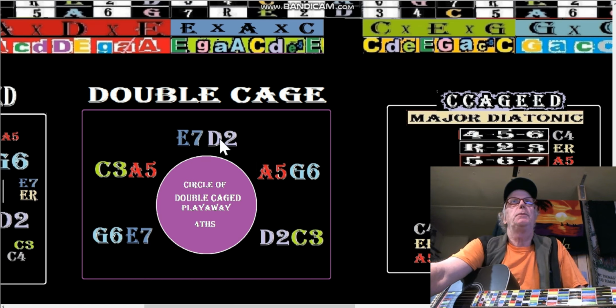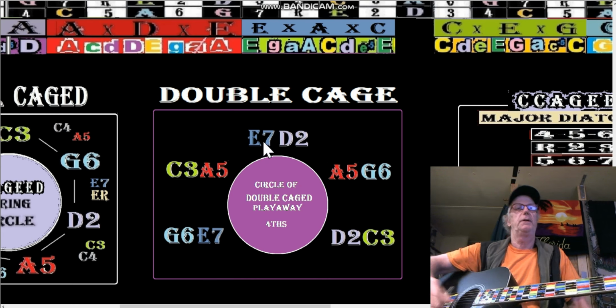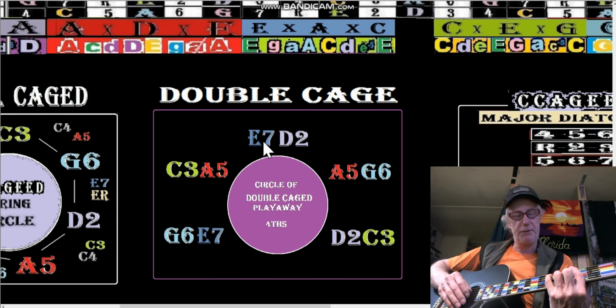E7 to D2, but then the fourth of E is A. So these are in fourths right here. And then the fourth of A is D, the fourth of D is G, the fourth of G is C. And in the cage system, as with the double cage system, the fourth of the C shape is the E shape. Here's the C shape.